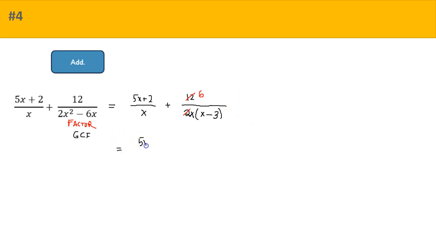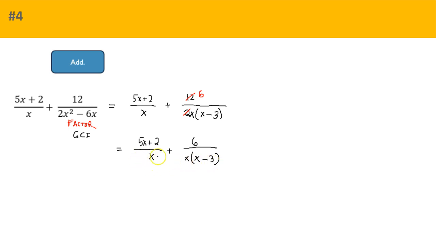We have 5x plus 2 divided by x, plus 6 divided by x times x minus 3. Okay, so at this point we still don't have the same denominator. We have x and x times x minus 3.